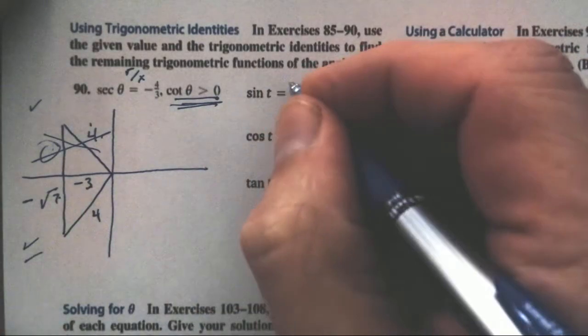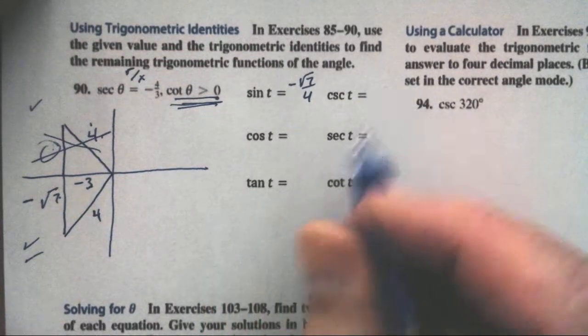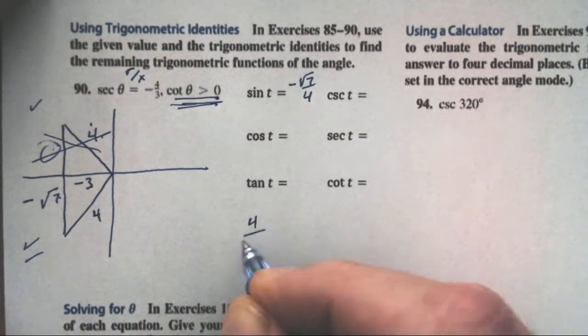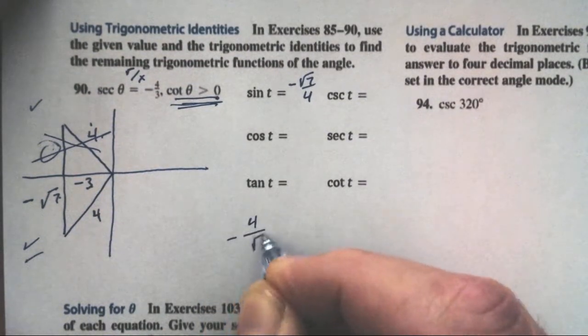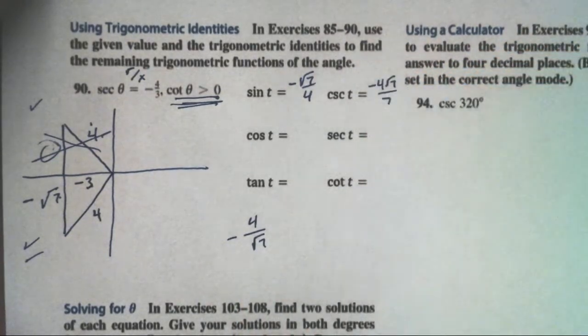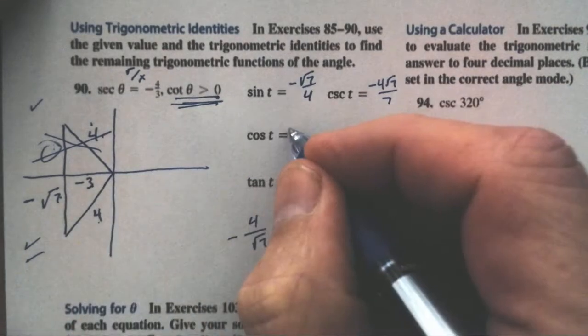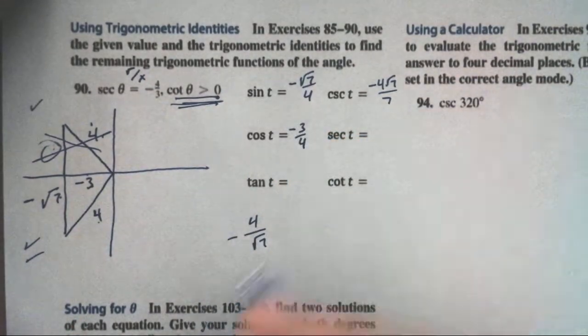Sine, y on r, negative square root of 7 on 4. Cosecant, 4 on, or negative 4 on square root of 7, negative 4 square root of 7 on 7. Cosine, x on r, negative 3/4.